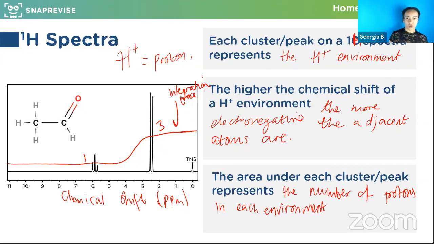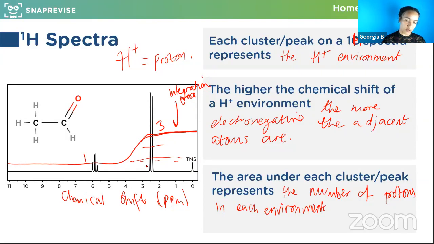Do you need to know the integration trace for OCR? So the integration trace is just the area under the peak. Either you'll get a number or you'll get a curve that shows you the number. That curve is an integration trace, and all that's showing you is the area under each peak. You can tell that this line up top is about 3 times the size of this line.